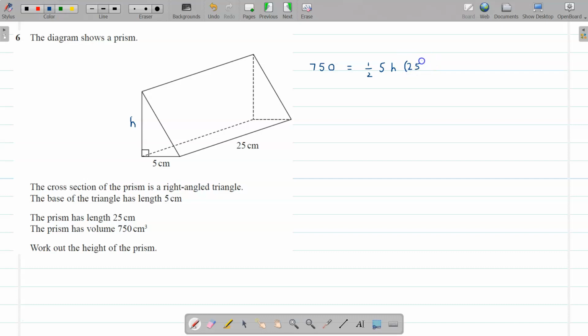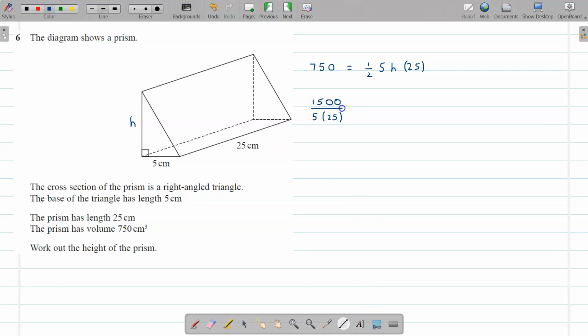Okay, well, I can just systematically move things across to the other side to find h. So if I double both sides to get 1,500, okay, by removing the denominator of the fraction, 1,500, I can then divide by 5 and divide by 25, and that should give me what h is.